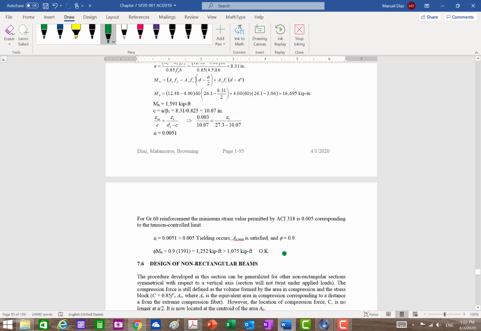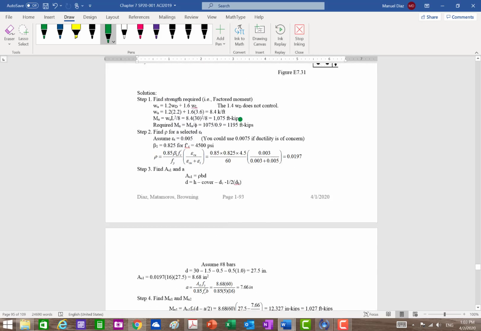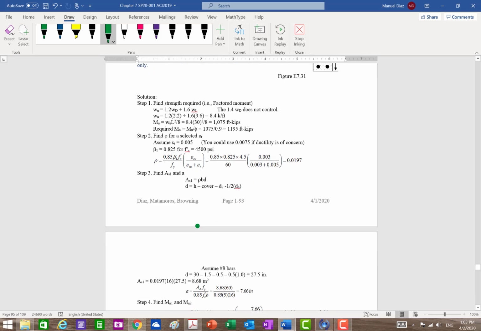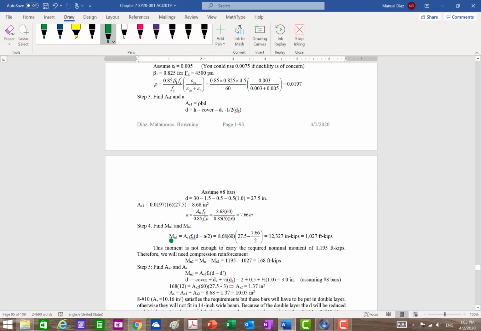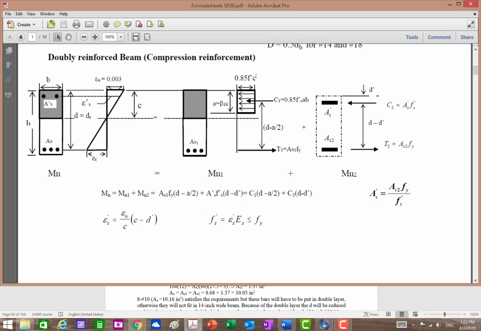Let's go back and just recap. So you come in here. This is the first step, you're finding the first area. That's M1, first step. So you have found this moment. Now we're going to find this one.